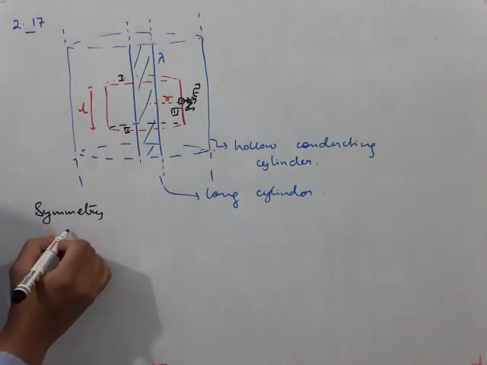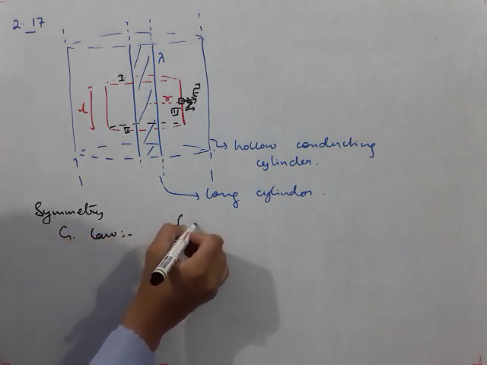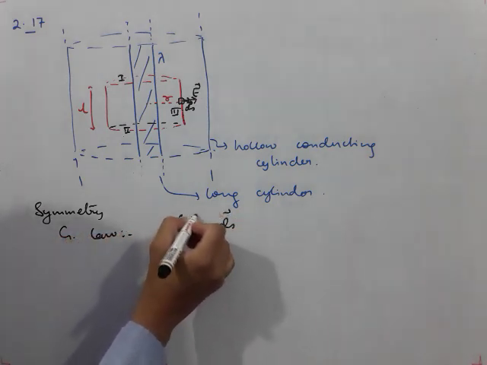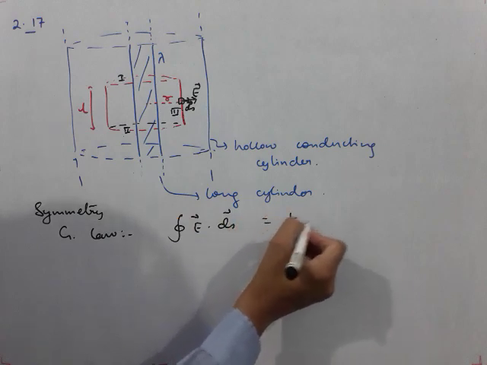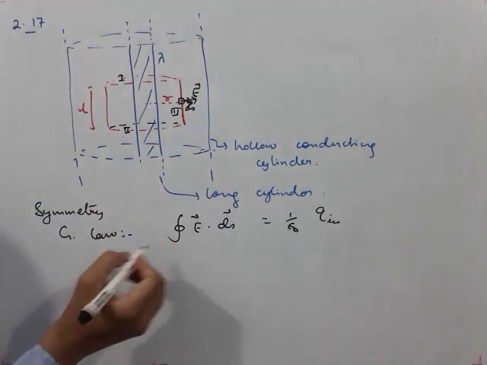So we will use Gauss law. Integral E dot ds, we know it's equal to 1 by epsilon naught times q in. Now integral E dot ds, I can divide it into three parts.